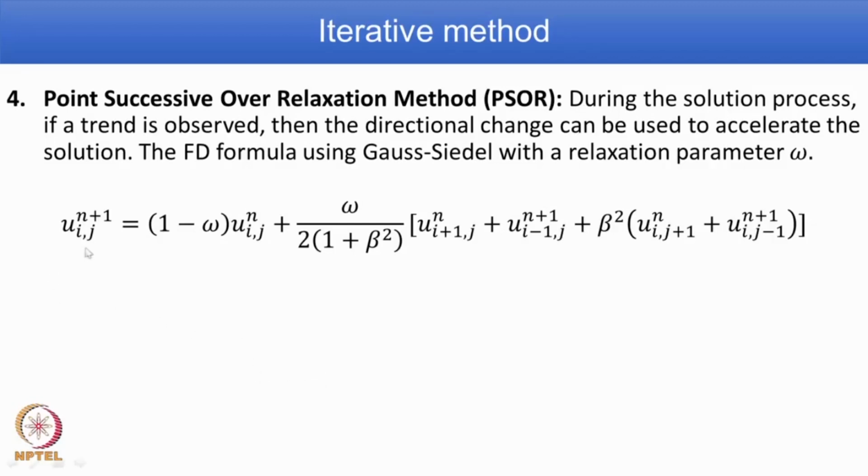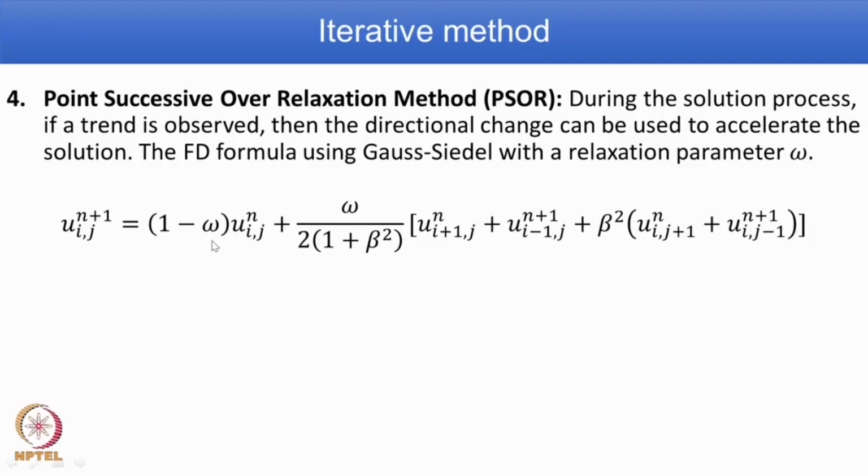So, u i, j, n plus 1 is to be determined. We now introduce a factor called omega and 1 minus omega. So, this is a kind of a fraction. If omega is 1, then the contribution of u i, j, n is actually 0. If omega is less than 1, say for example 0.2, then 1 minus omega becomes 0.8.